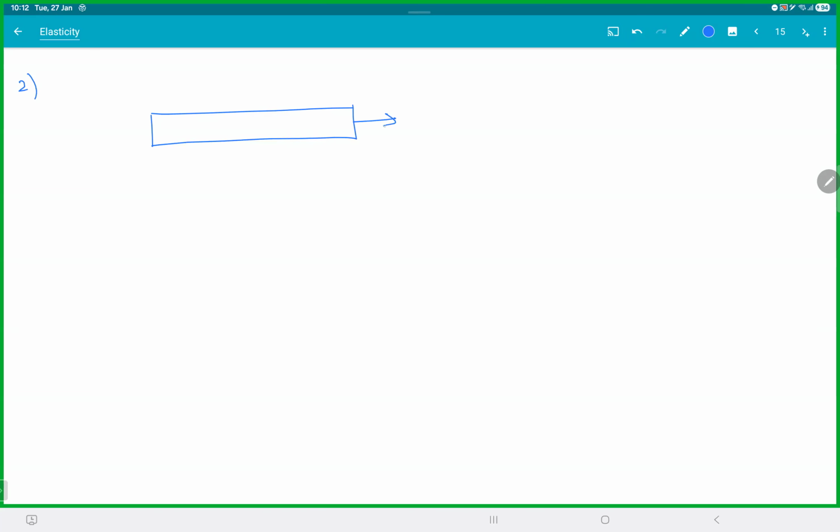We have a rod here. You are pushing with F and you're pushing back with F. Mass M, length L. So this is x equal to 0 and this is x equal to L. This is on a smooth floor. Plot the stress versus x graph.